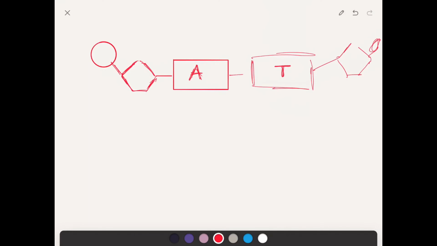There is a bond that happens between these two. Between your adenine base and your thymine base, a bond is going to form, and these bonds are called hydrogen bonds. The hydrogen bonds will keep them in place.